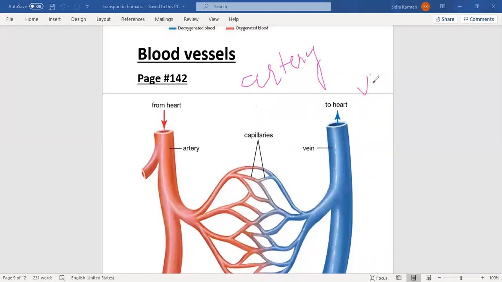Arteries contain oxygenated blood, veins contain deoxygenated blood, and capillaries are very, very thin vessels which contain oxygenated and deoxygenated blood.